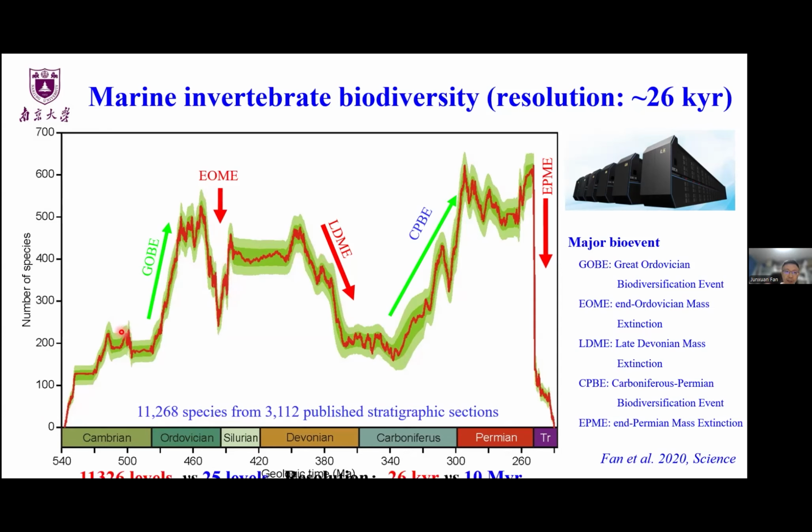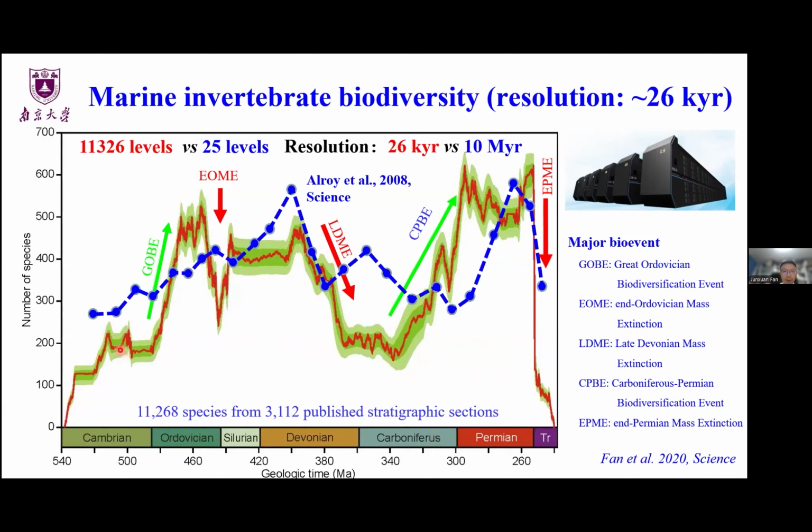If we compare it with the previous study, for example, John Alroy in 2008, they published a very important Paleozoic marine invertebrate diversity history based on about 200,000 global fossil occurrences. The blue one shows their data points. There are only 25 data points for the Paleozoic.